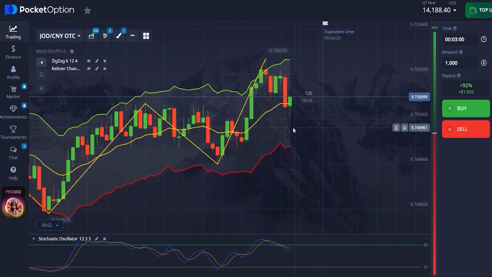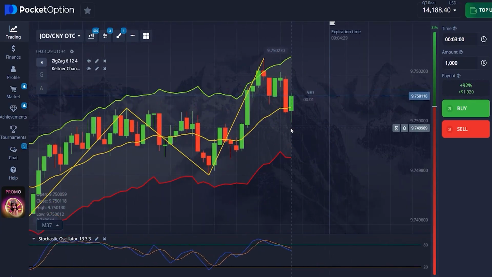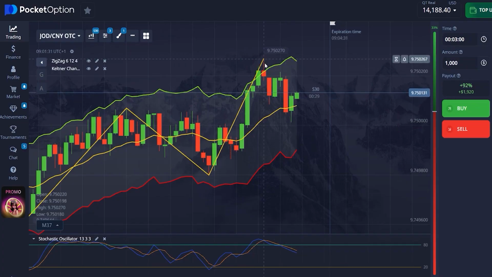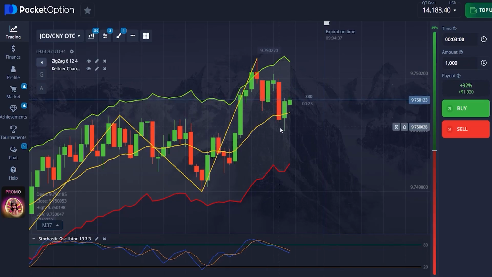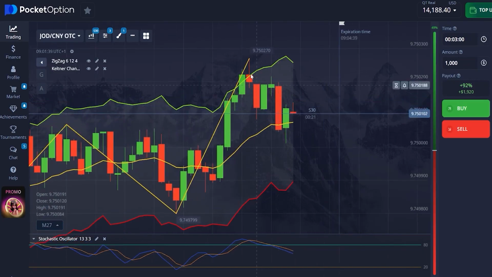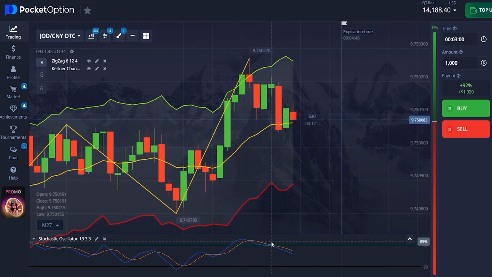So right here, I found another opportunity. So I found a reversal of the market towards the downside direction. But I need also a confirmation from my Zig Zag indicator, just like the way I got a confirmation from my stochastic oscillator as well.